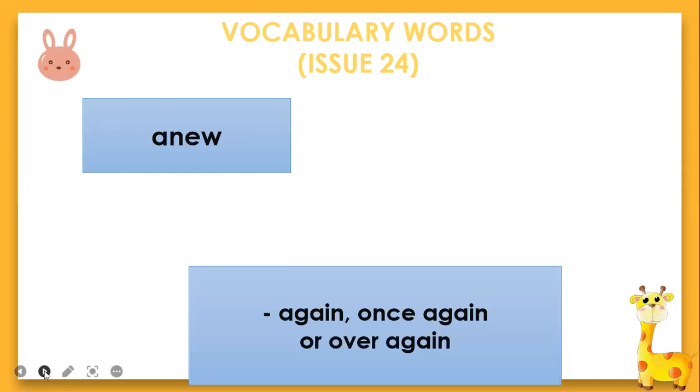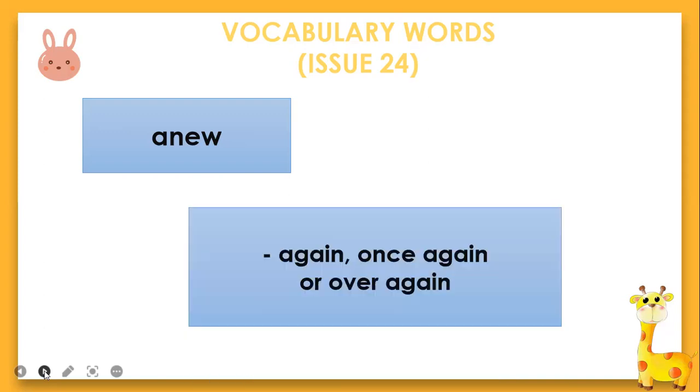Please read. Again, once again, or over again. So you are correct when you said again and then in another way. You do something a second time, or over again, but in a different way. For example, you failed the first time, so you have to do it a different way to succeed. So you will do something anew.